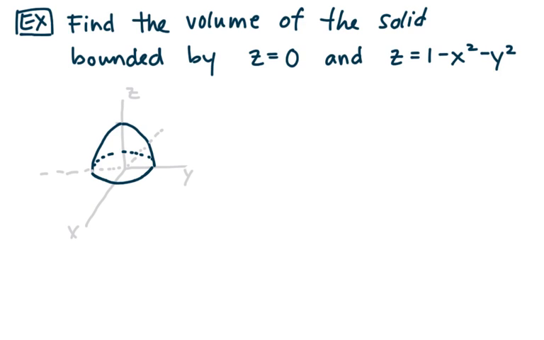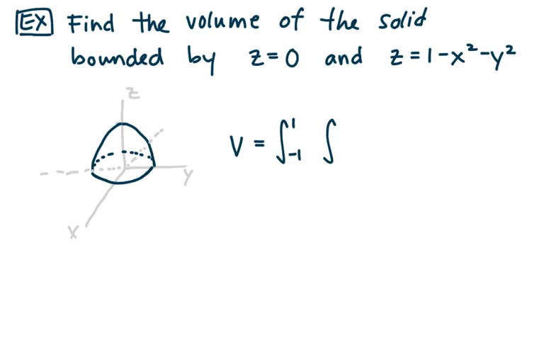All right, so finding that volume bounded by this circular paraboloid and the xy plane, trying to set this up, we need bounds in terms of x equals and y equals. So I'm going to have a y equals function here. I'm going to use constants for x there. My x values are going between -1 and +1.